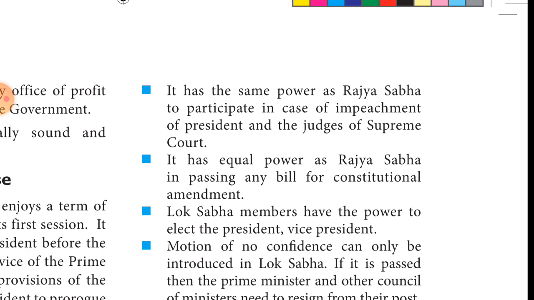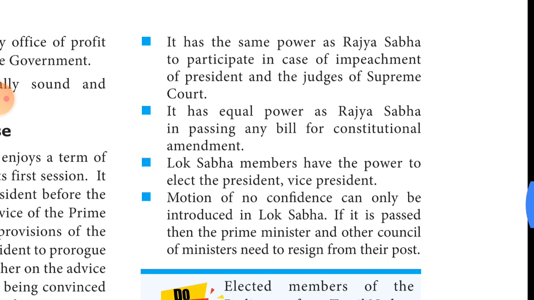And also, it has equal power with the Rajya Sabha in passing any bill for a constitutional amendment. If you introduce any bill, it needs Lok Sabha members, just as we need the support of Rajya Sabha members. Similarly, Lok Sabha members also have the same powers.